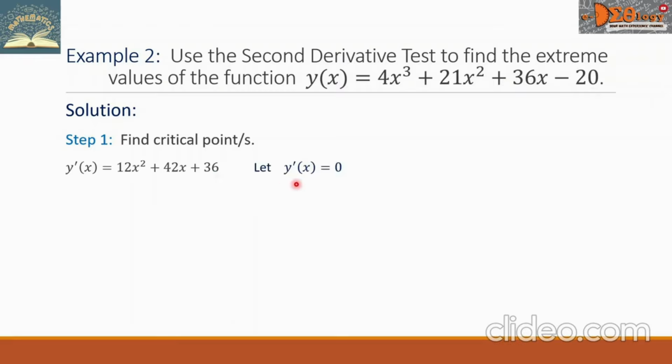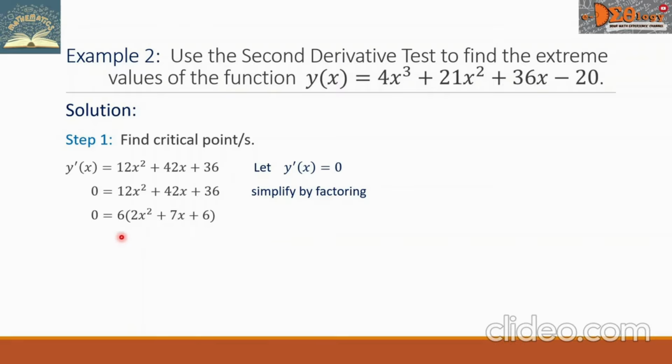Then we let y prime of x equal 0. For this equation, the left side becomes 0. And then let us simplify the right side. We can do factoring here. We can see that there is a common factor on the three terms of the right side, and that is positive 6. So this is 6 times the quantity 2x squared plus 7x plus 6.